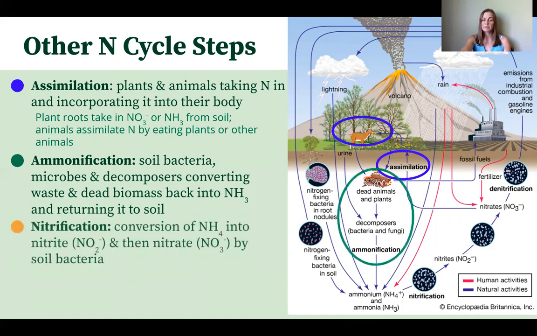We also have the process of nitrification. This is the conversion of the ammonium ion into nitrate and nitrite ions by soil bacteria. Nitrate and nitrite are the most usable forms of nitrogen by plants.